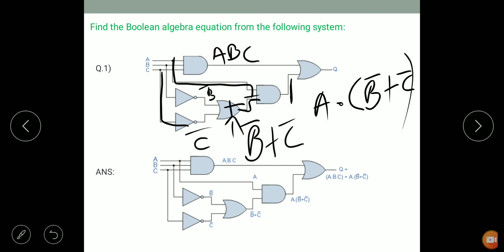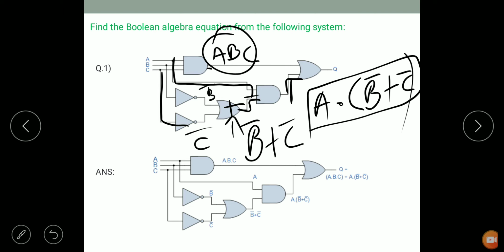At the end, the output of this NAND gate, AND gate becomes the input for this OR gate, and this is the OR gate equation. So the OR gate equation contains the plus sign and addition of these two terms. Okay, so ABC plus A dot in a bracket B bar plus C bar.